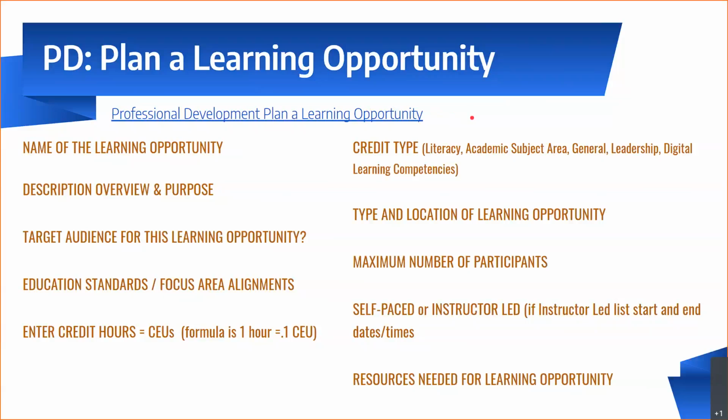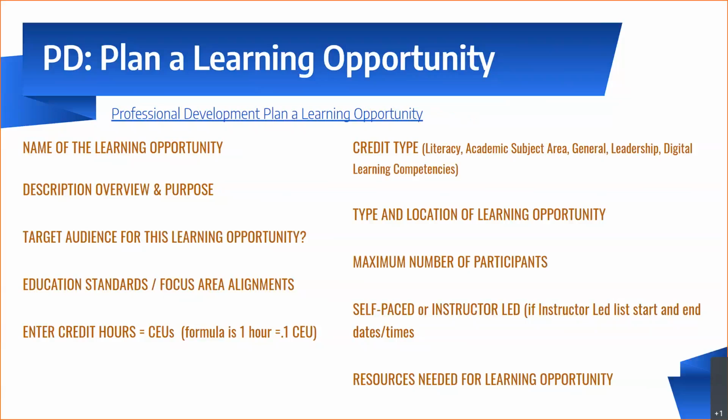And you're going to need to plan those out. So there is a link at the top of this slide, Professional Development Plan, a learning opportunity. And it covers some of the items you want to think about. You want to think about the name of the learning opportunity, description, overview, and purpose, and the target audience, who's going to be taking your learning opportunity.